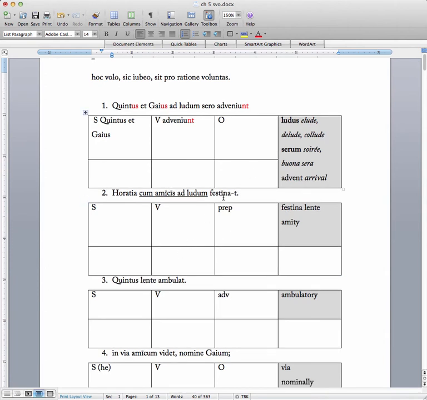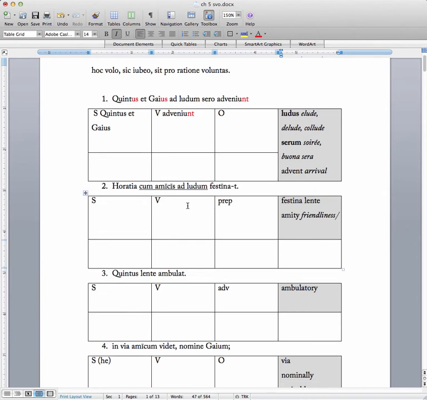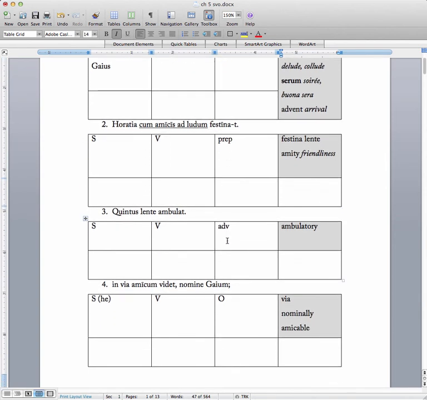So Horatia festinat, a word you know already from festina lente, hasten slowly. Amicis is a word, we have the English word amity, which means friendliness. We'll work on that tomorrow. So that one should be pretty self-explanatory.